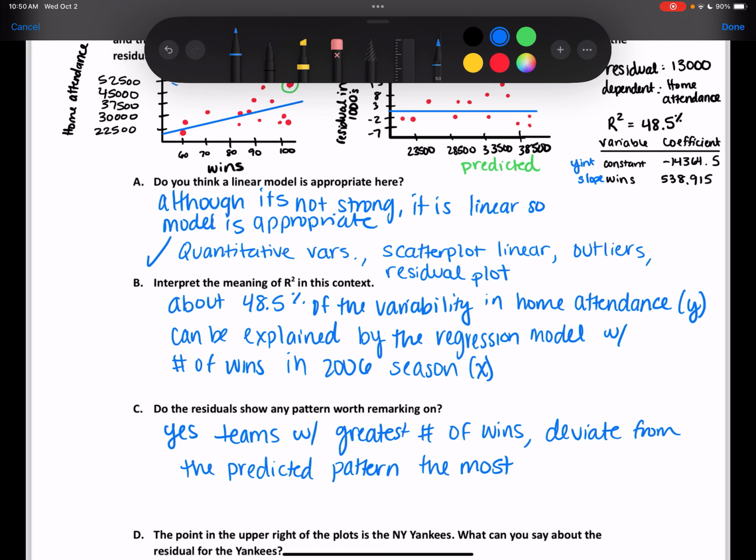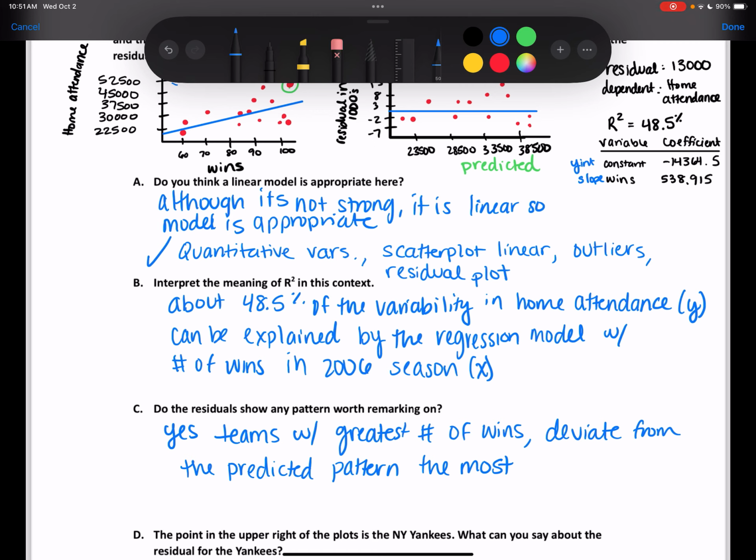And sometimes their home attendance is less, even though they have more wins, but that also could potentially be a factor of the size of the stadium. That stadium may still be packed out with 30,000 people or whatever the number is. That may just be the size of that stadium. So that's why we just say it deviates the most. It's not necessarily that they have more fans because they have more wins.